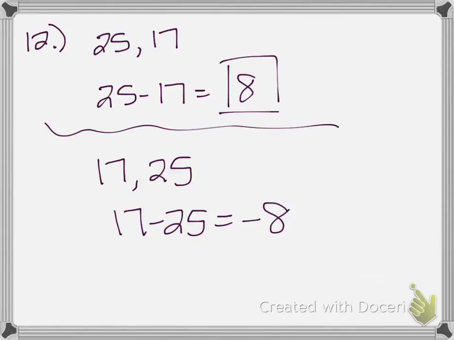You cannot be negative 8 away from anything. So that's where the absolute values come in. Whenever you're dealing with distance, just make sure that you put it in absolute value symbols, and then it becomes positive 8, and then you don't have anything to worry about. So yeah, number 12 is 8.